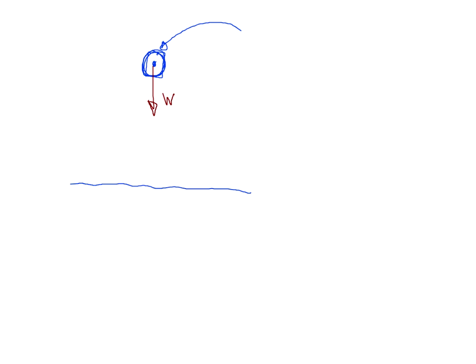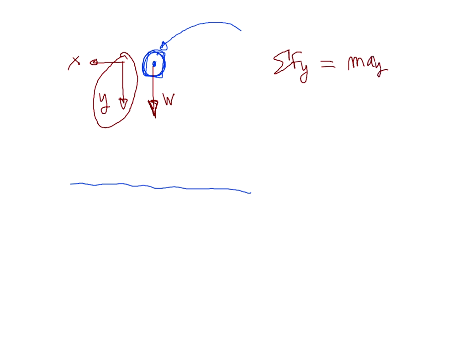Well, let's pick a coordinate system. Let me pick x and y, and let's apply Newton's law. Sum of the forces in the y direction, and I choose y to be positive down because I know that my system is accelerated down. So this is equal to m a_y. You could pick y up, you're going to just have to carry a bunch of negative signs, Kyle. So I'm using the same technique as before.